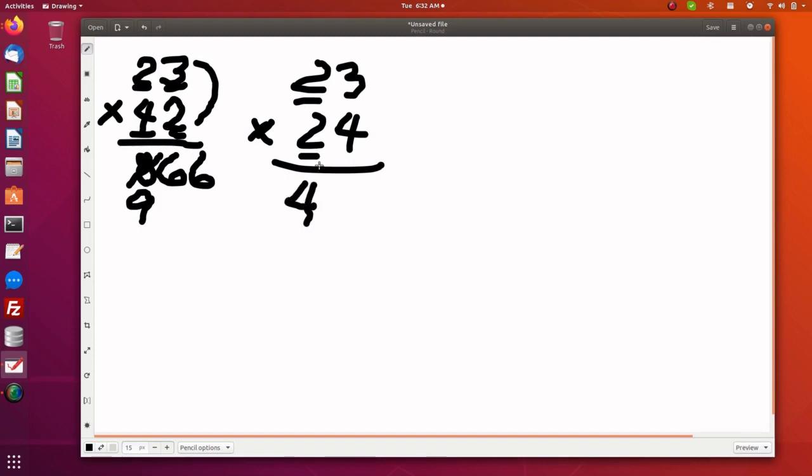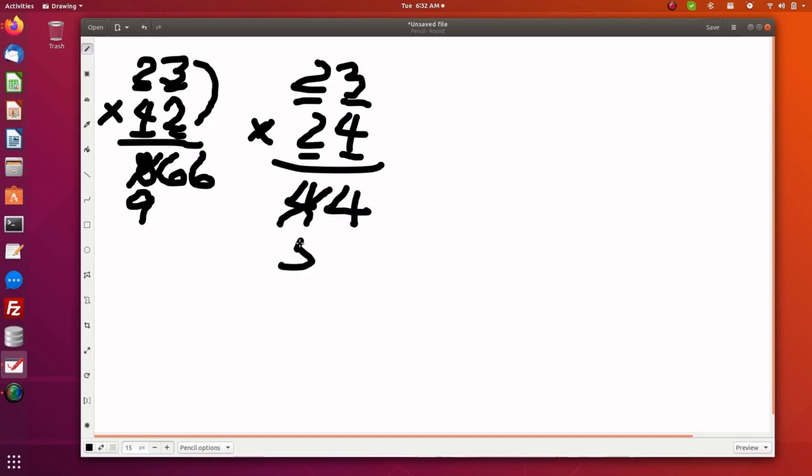And on our second digit here, it's again 2 times 4, which will give us 8. And then 2 times 3 will give us 6. So 8 plus 6, that is 14.